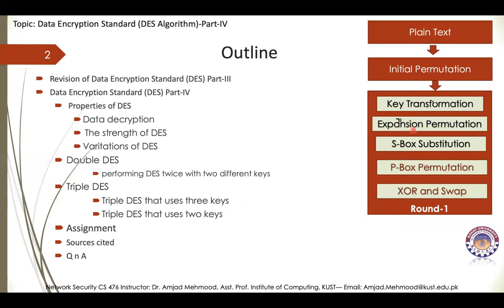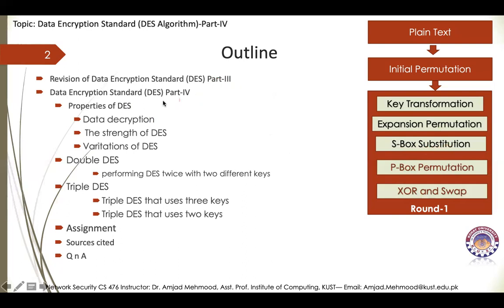So we were expanding 32 bits to 48 bits, and then the permutation is performed, and the output of this will be sent to the S-box substitution, and the output of S-box substitution will pass to the P-box permutation and XOR swap operation, which we covered in lecture number 3. So today we will be discussing P-box permutation, XOR operation and swap operation as well.